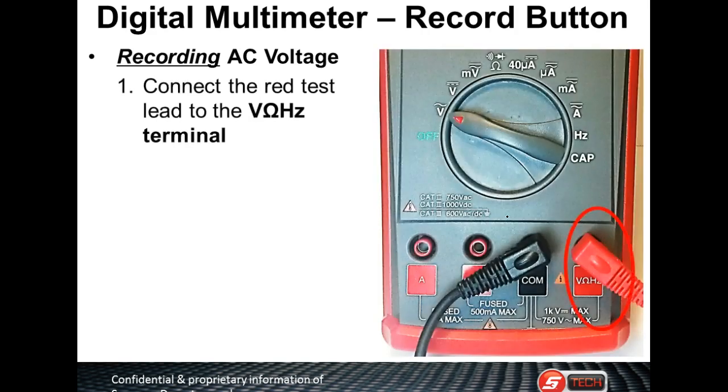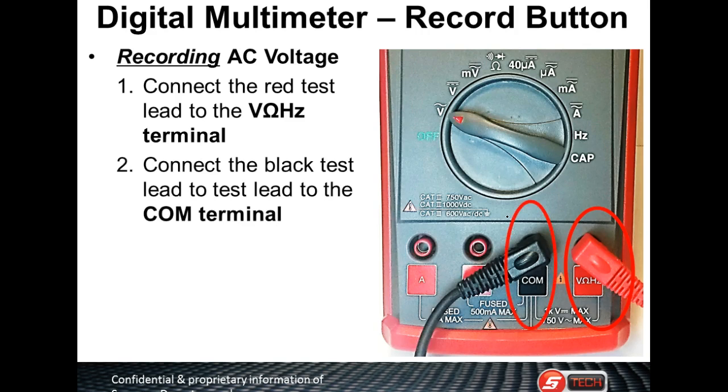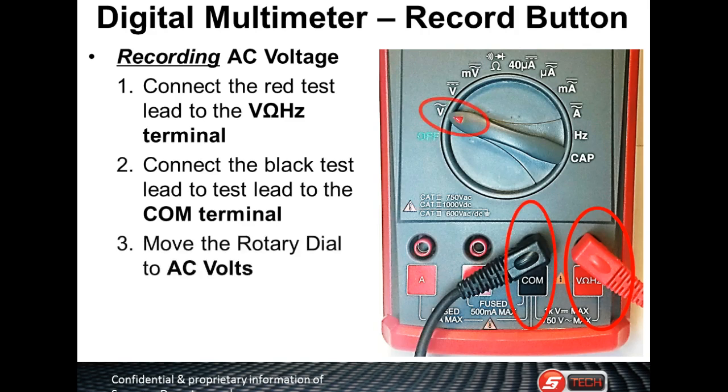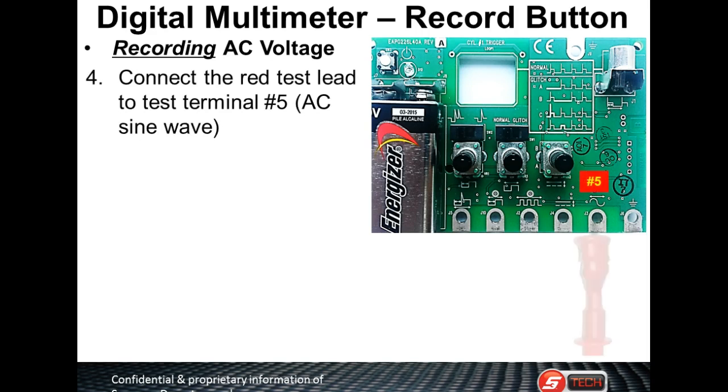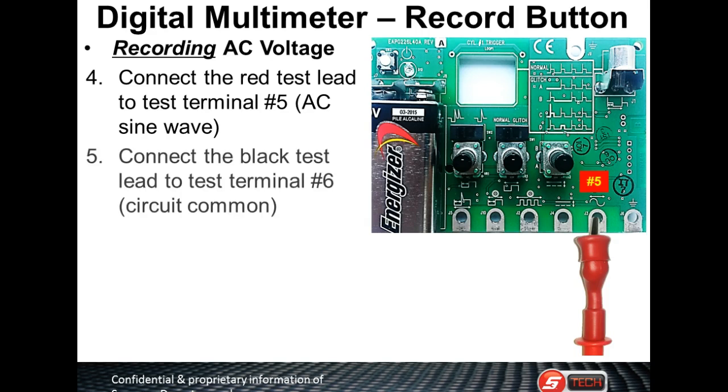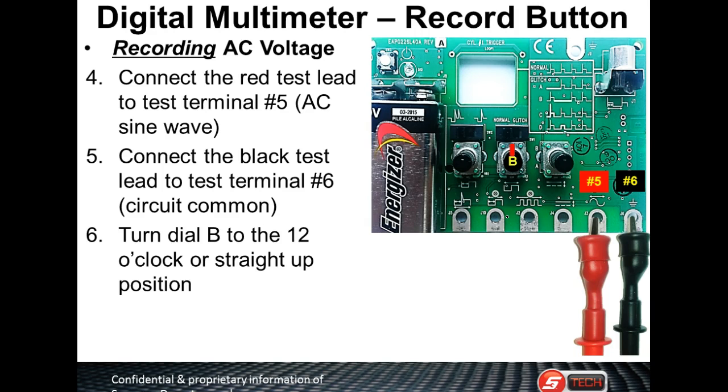So we're going to hook up our meters. Meters should already be connected like this, right? We okay? And then we're going to move the rotary dial to AC. And then we're going to put our red lead on terminal number 5. We're going to put our black lead on terminal number 6. And then we're going to turn B, maximum and minimum.